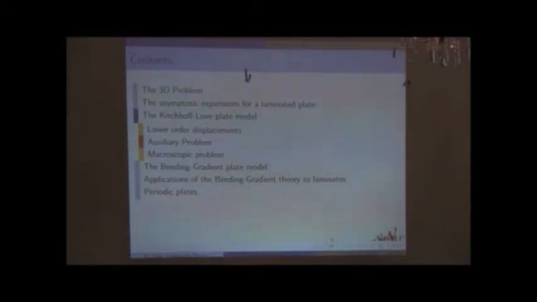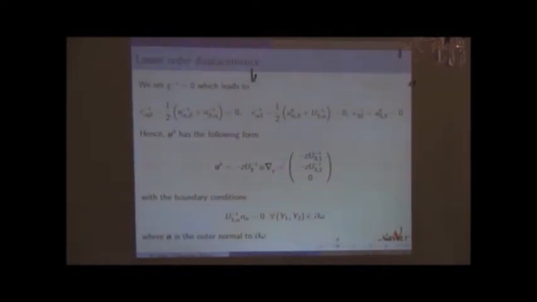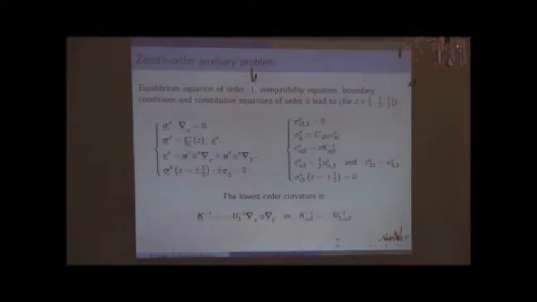Now we are arriving at the first significant auxiliary problem, in which we will actually have stress and strain distribution, because there is no strain or stress related to these low order displacements. So this is the first auxiliary problem. I gather the equilibrium equation of order -1, the compatibility condition, boundary condition, and constitutive equation, so that I have a well-posed problem.